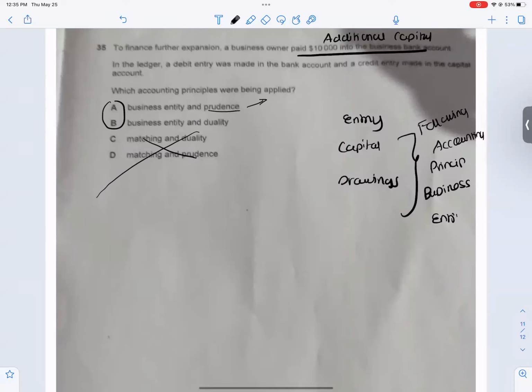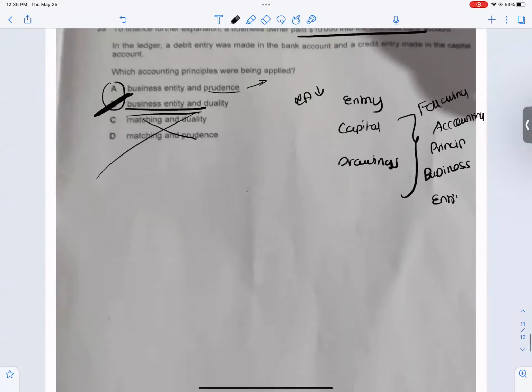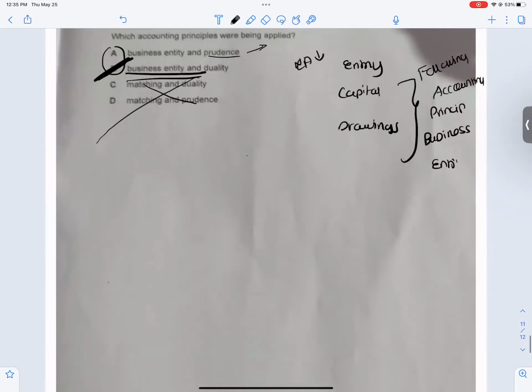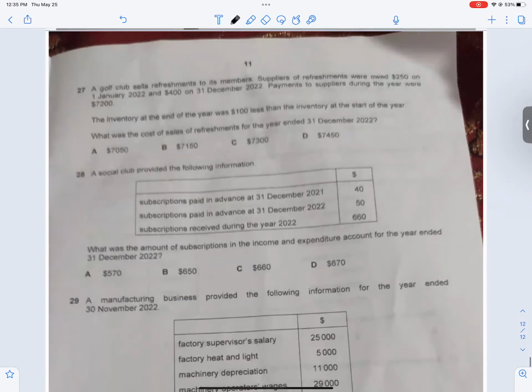Prudence is not about non-current assets. And it's duality, and I have a reason also, because a double entry has been made. So it is business entity and duality. Yeah, we are following double entry. Okay, next.